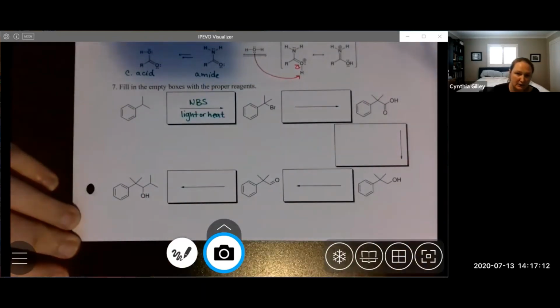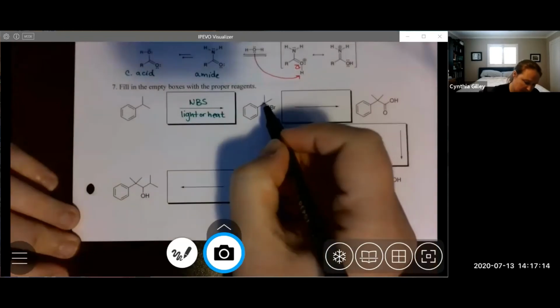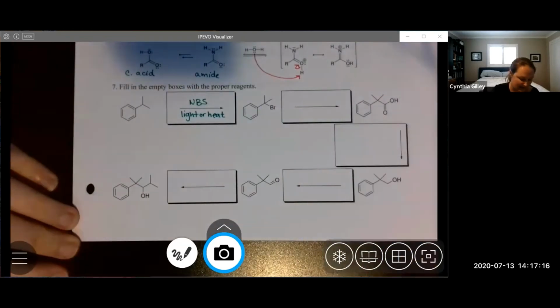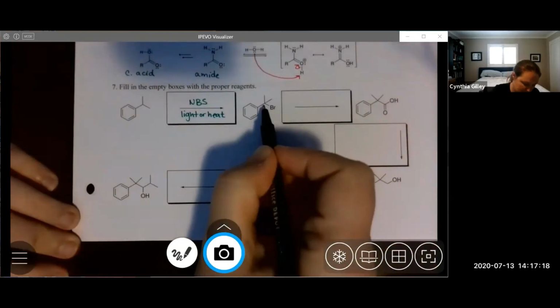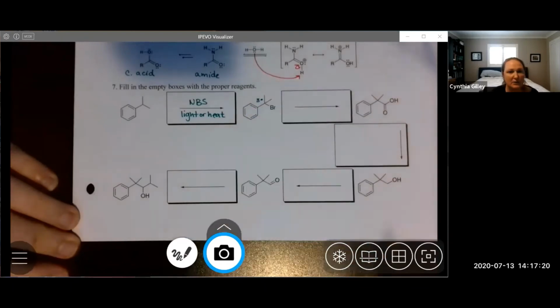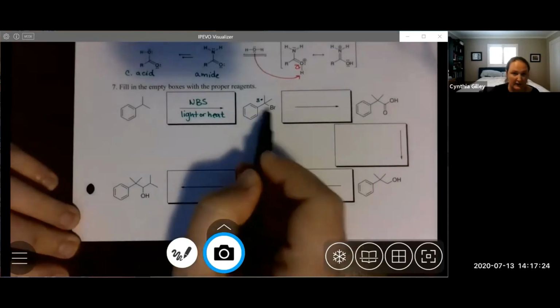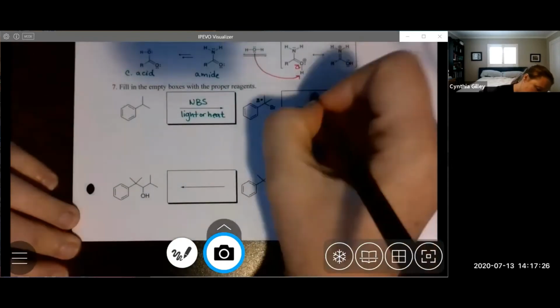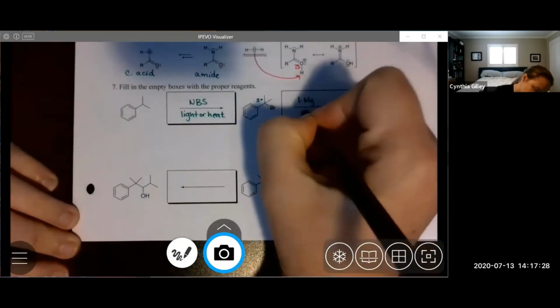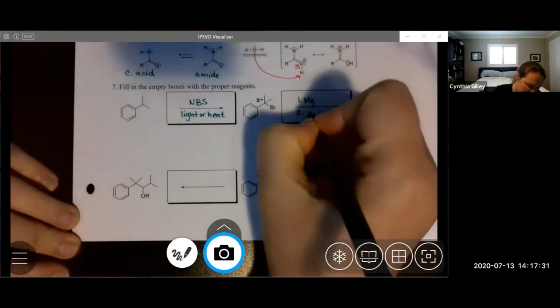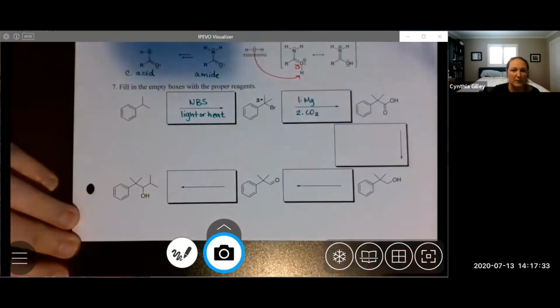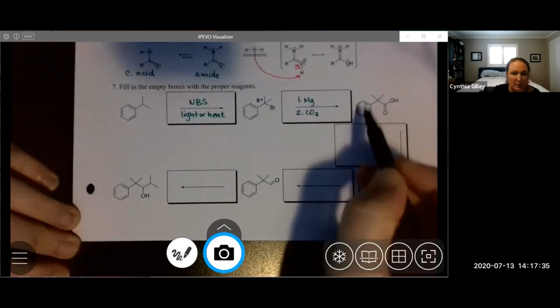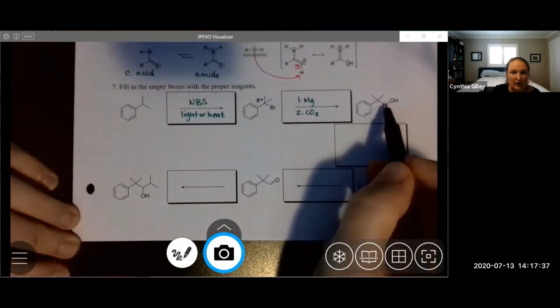And to convert that halogen to a carboxylic acid where this is a tertiary carbon, you cannot do the nitrile hydrolysis because this is not an unhindered alkyl halide. So instead we can use Grignard reagent and add CO2, and after an acidic workup, we would get the carboxylic acid where one additional carbon has been added.